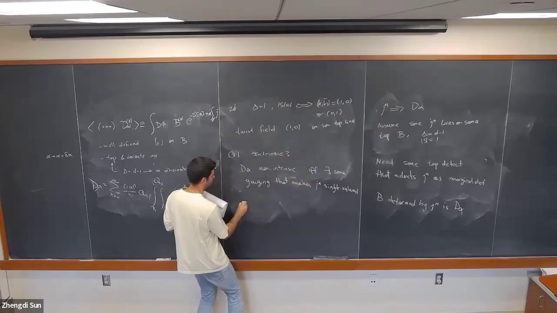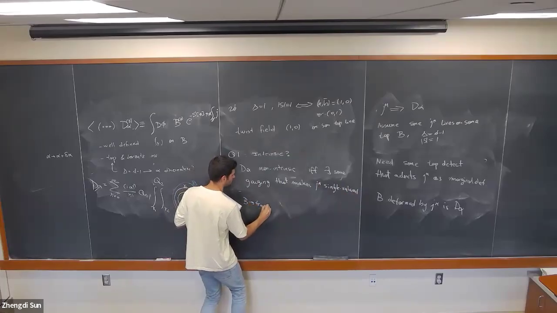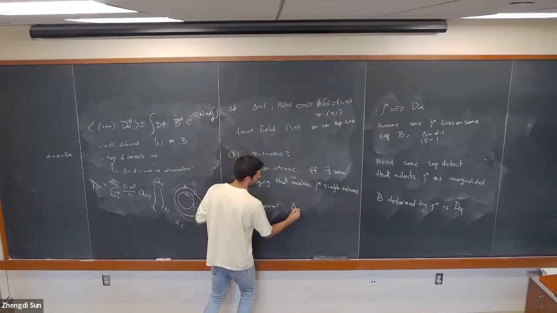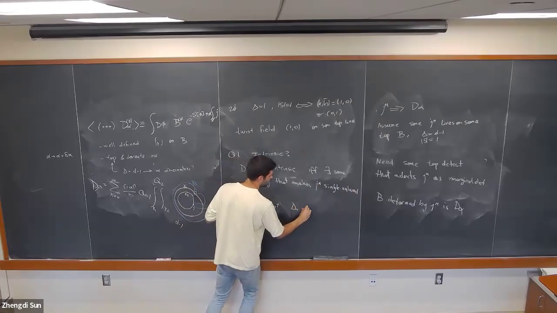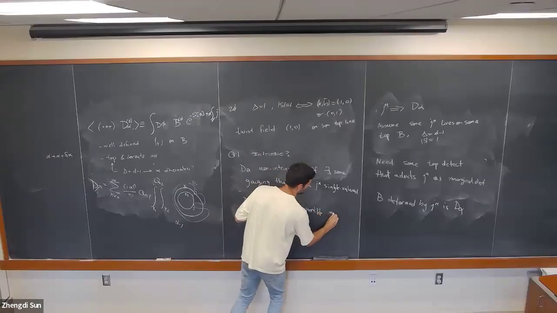In other words, if there is some gauging that makes B transparent, then the defect becomes invertible. In other words, it's not intrinsic.